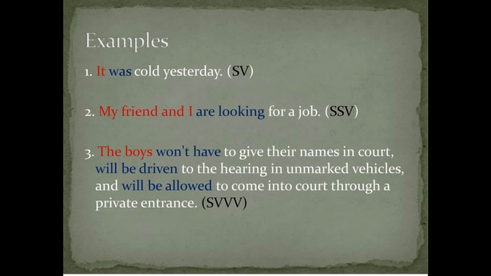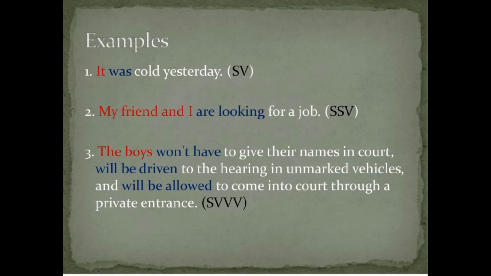The boys won't have to give their names in court, will be driven to the hearing in unmarked vehicles, and will be allowed to come into court through a private entrance. It's a very long sentence, and it does not look like a simple sentence at all.